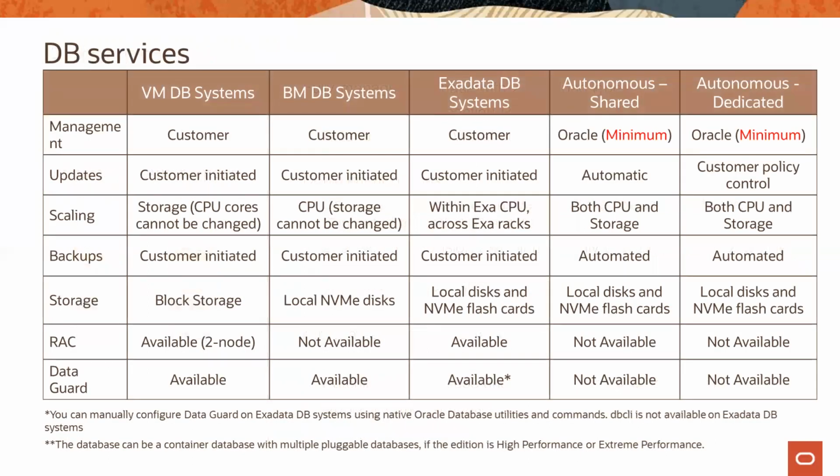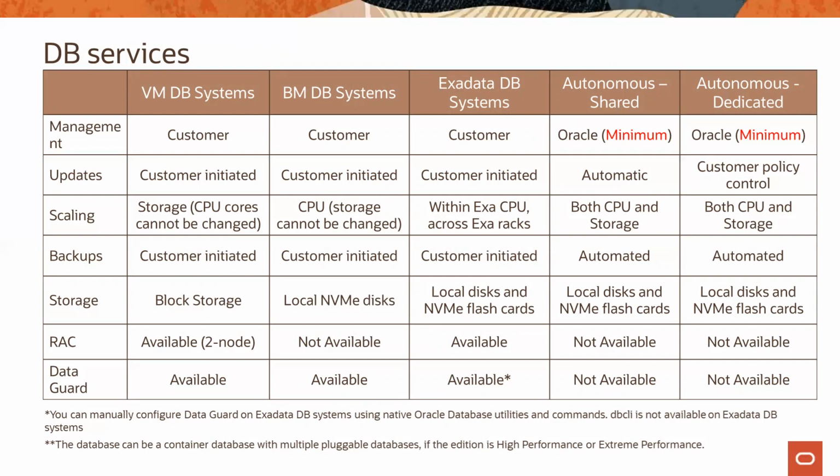Okay, so then you have to understand the different database services that we have. The one requiring the minimum management is the autonomous database. For the other types, the customer has to do some management. If the customer wants to minimize his part of administration, he just chooses the autonomous database. Also, in VMs you can upgrade the storage online.